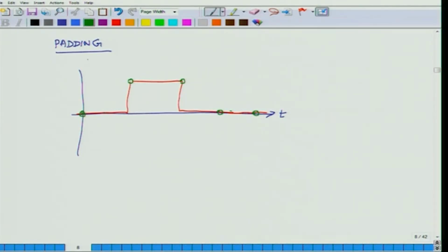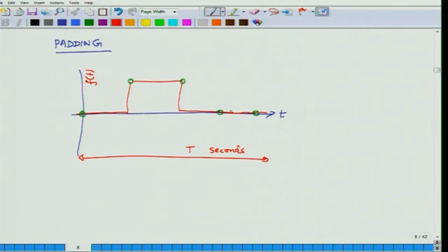Right? This is the amplitude, or let us say this is f of t. Okay. Now, what does this mean? Suppose this is T seconds, right?